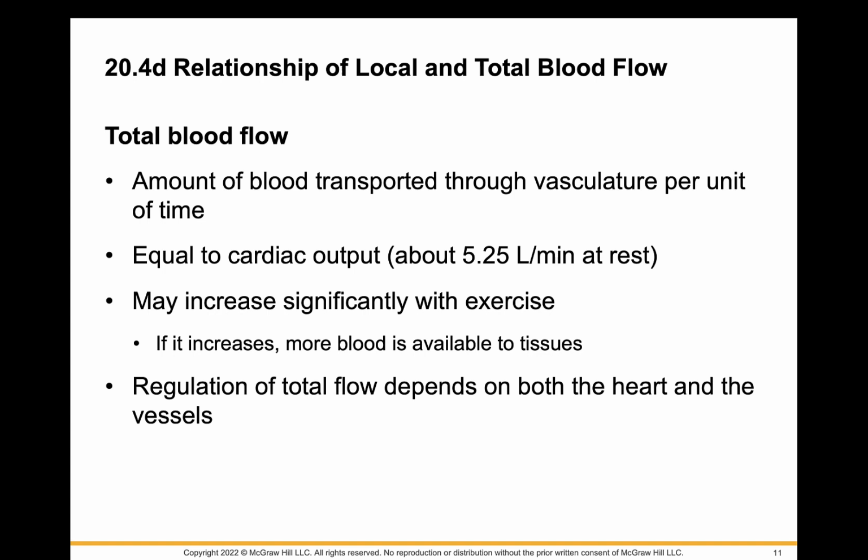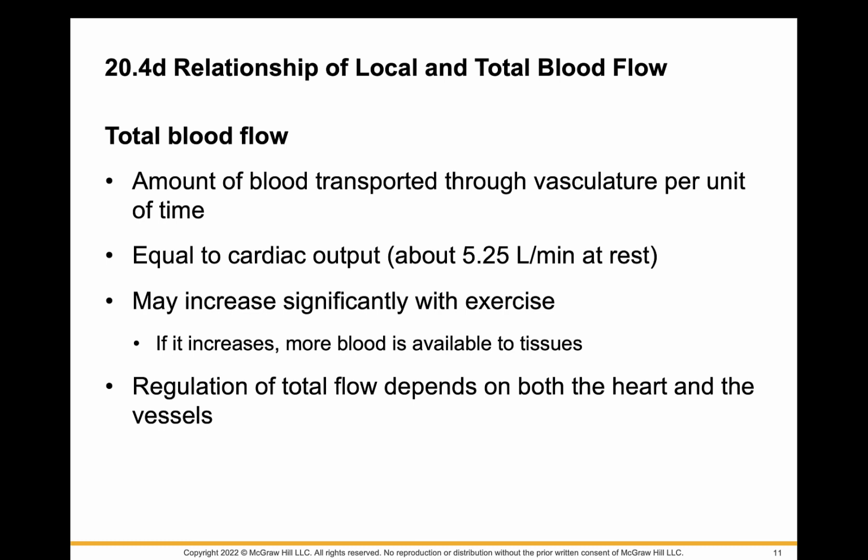Now, what we have to keep in mind here is there is a direct relationship between local and total blood flow. Total flow is the amount of blood transported through vessels per unit of time. That's our cardiac output. And remember, we talked about this in the previous chapter, and it's about 5 liters per minute at rest.